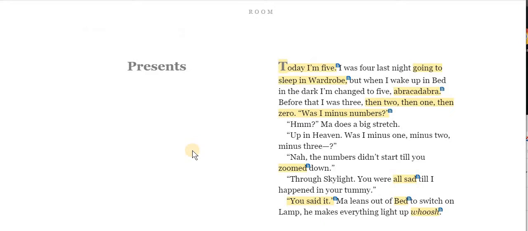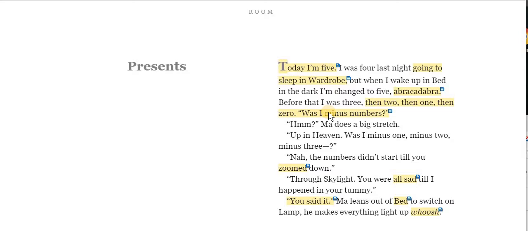So this is kind of Jack as the little mathematician. There's almost a scientist in him as he tries to work out the puzzle of minus numbers. Could he be minus numbers? I mean, that is kind of getting into some profound philosophical areas there, really, because how do you conceptualize what you were before you were born? And he explores the idea of, was I minus?